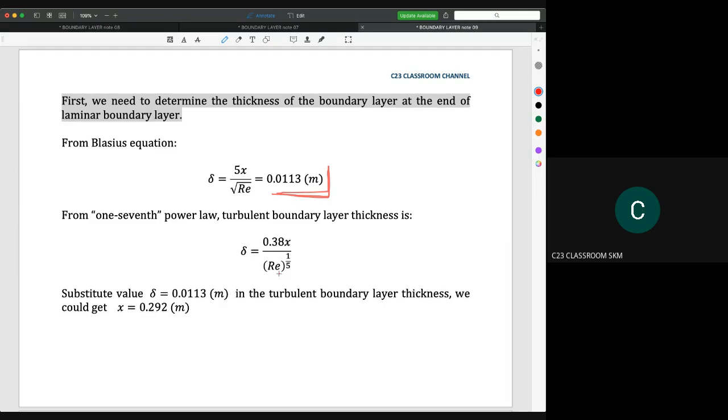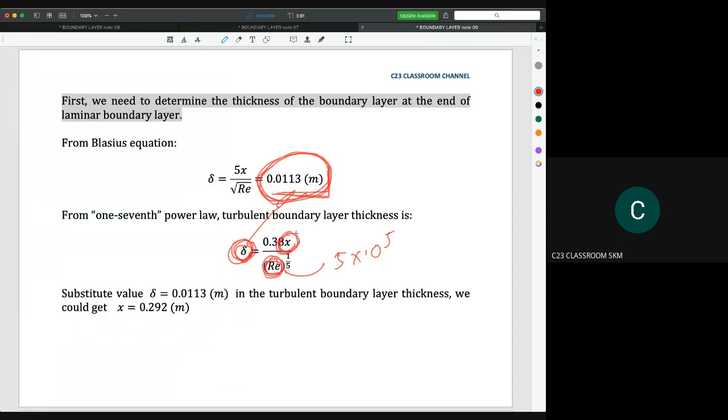The delta here is actually the same value as this delta. So we know the critical Reynolds number, 5 times 10 to the power of 5. The delta here is this one, which means we can calculate the value of x.